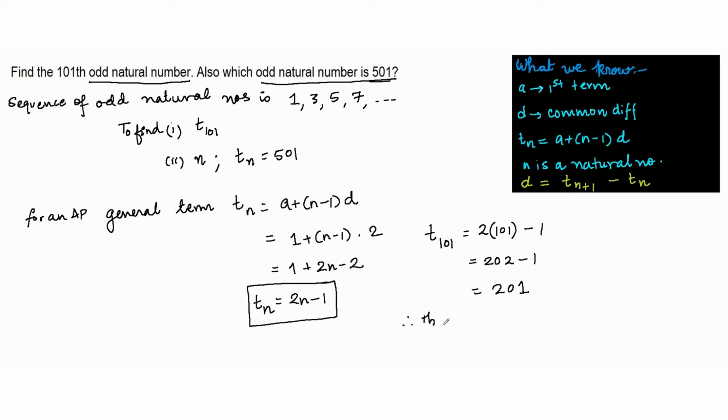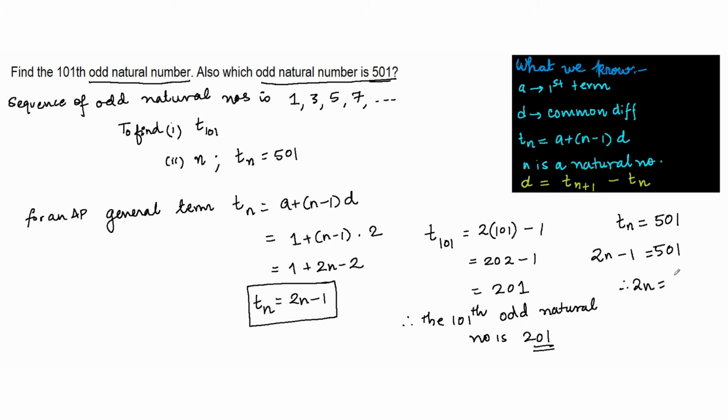Therefore, the 101st odd natural number is 201. This is the answer to the first part. Now the second part says which odd natural number is 501. So Tn is basically 501. The formula for Tn here that we have derived already is 2n minus 1, which equals 501.